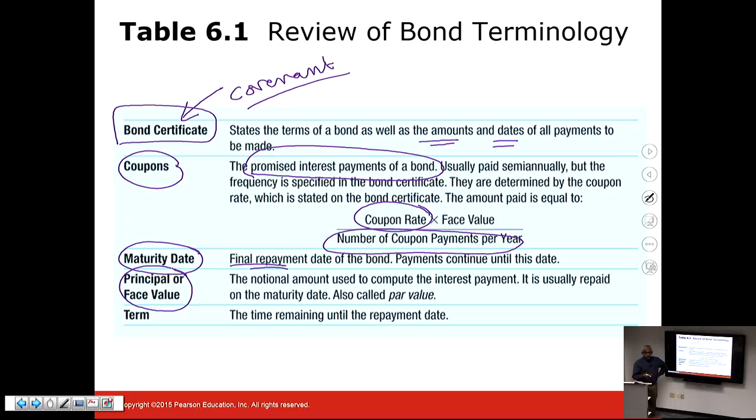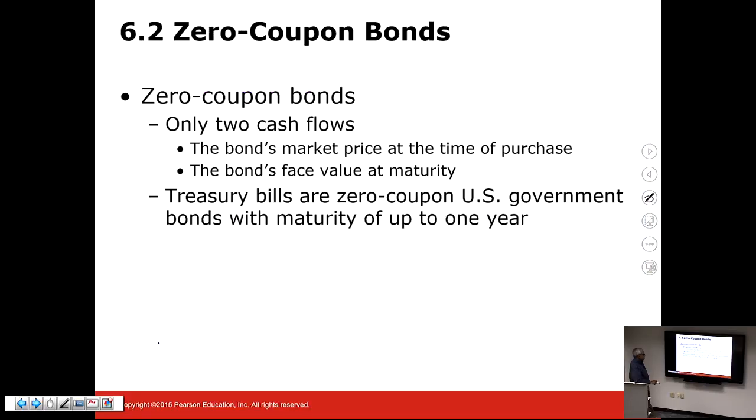For treasuries, which are issued by the US government, they can be higher, up to $100,000. And then the term, the date of maturity. And thus, from this maturity date, at any given point, you will be able to figure out what the term is, the time remaining until the bond matures or the principal is paid back.